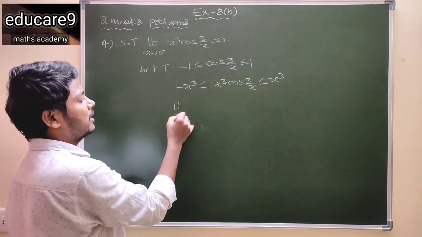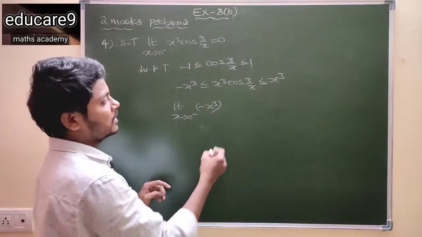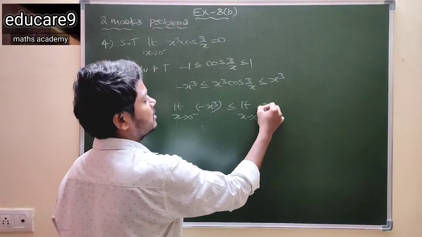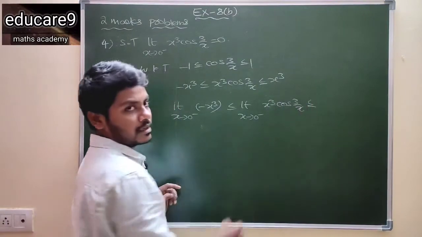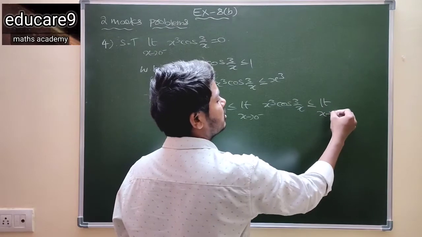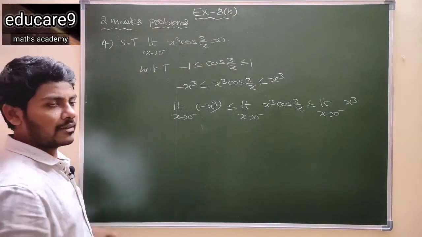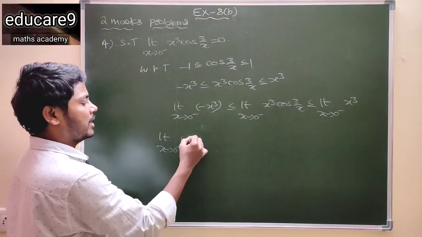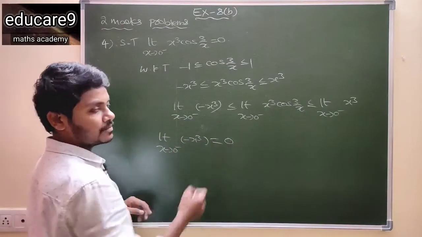So limit x tends to 0 minus of minus x cube is less than or equal to limit x tends to 0 minus x cube cos 3 by x, which is less than or equal to limit x tends to 0 minus x cube. Consider the left side value: limit x tends to 0 minus of minus x cube; as x tends to 0, you will get 0.